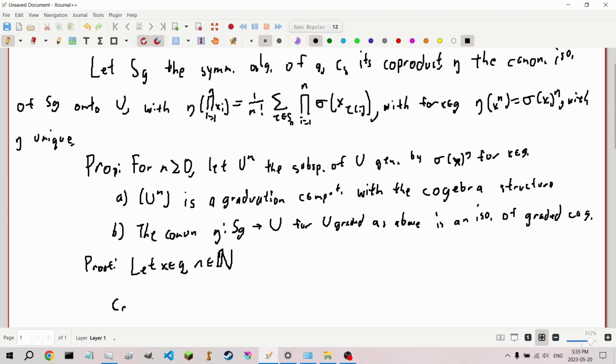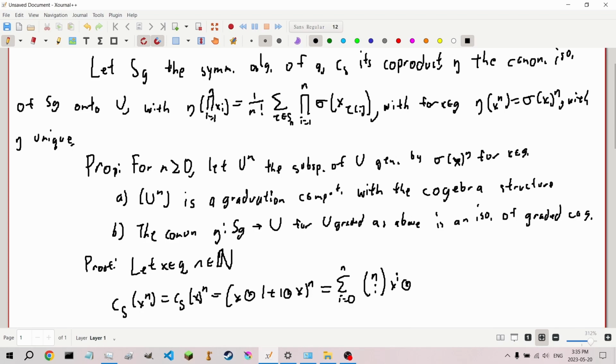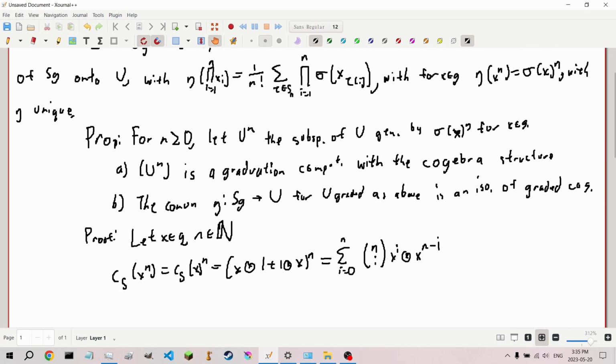Then the S coproduct of x to the n is x tensor 1 plus 1 tensor x to the n, which is the sum from 0 to n, the old binomial, of x to the i tensor x to the n minus i. We get this first equality because it's a homomorphism.